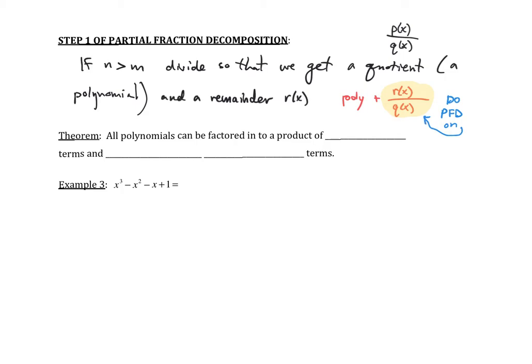All right. So how does partial fraction decomposition work? Well, we have a theorem that says that all polynomials can be factored as a product of linear terms and irreducible quadratic terms.